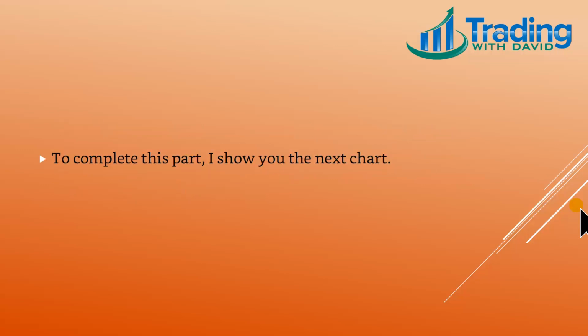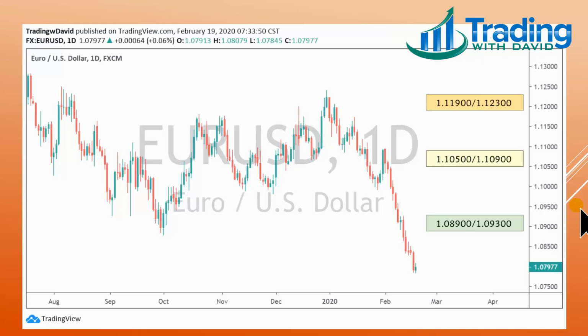To complete this part, I show you the next chart. Here, you can see some significant areas for Euro-US dollar that I identified thanks to my knowledge of the currency pair and experience.